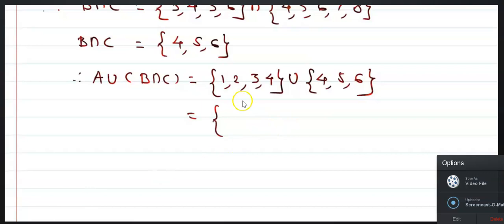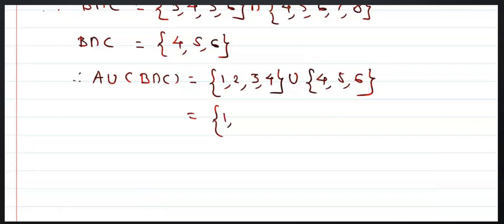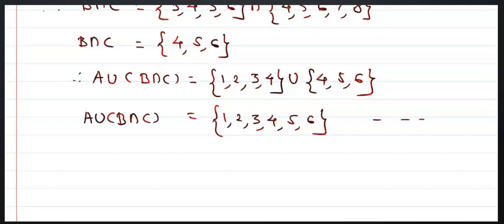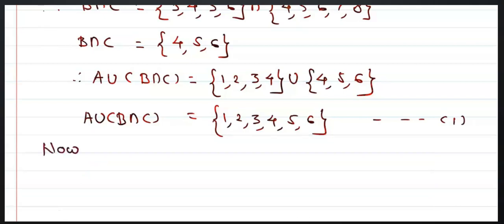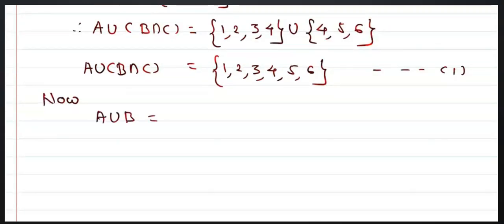If you take their union, then you will get {1, 2, 3, 4, 5, 6}. This is A union (B intersection C).